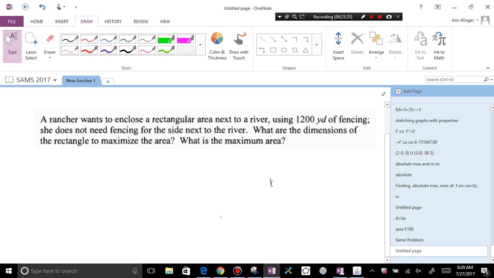A rancher wants to enclose a rectangular area next to a river using 1,200 feet of fencing. She does not need fencing for the side next to the river. What are the dimensions of the rectangle that maximize the area? And what is the maximum area? So draw a picture.